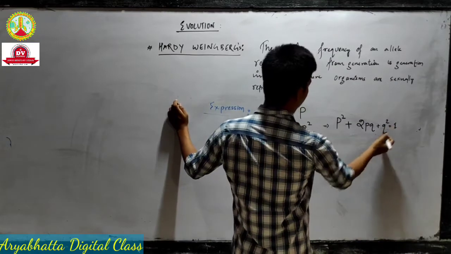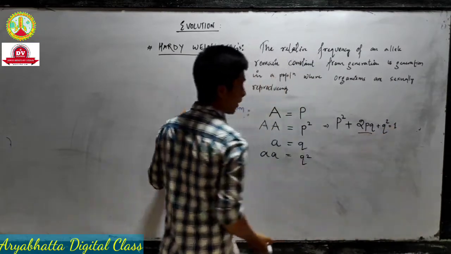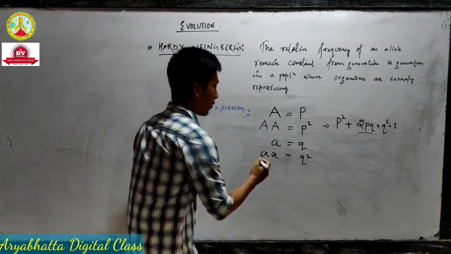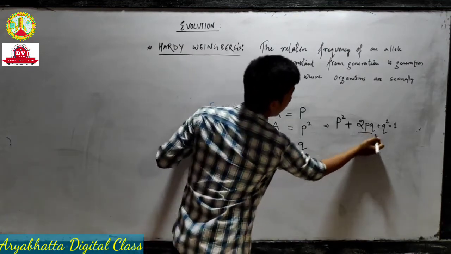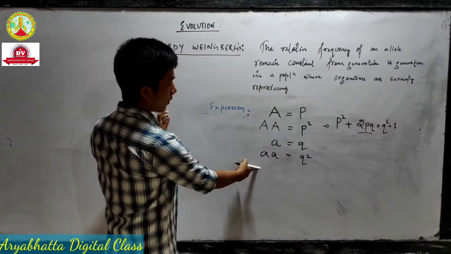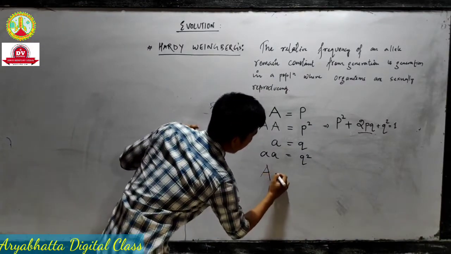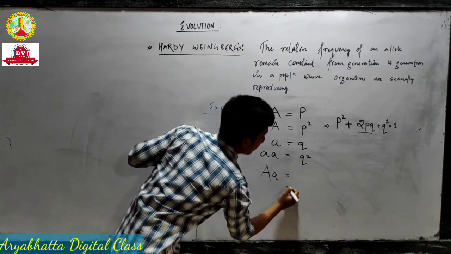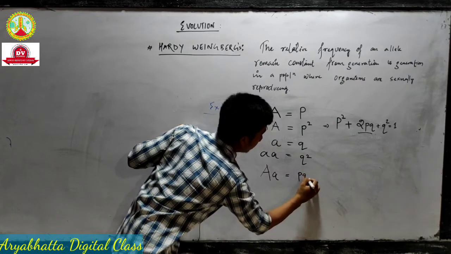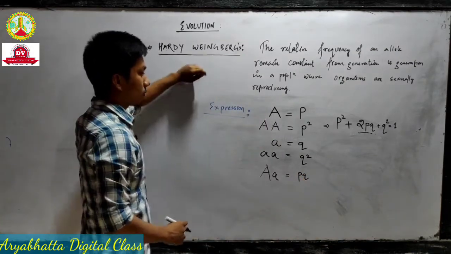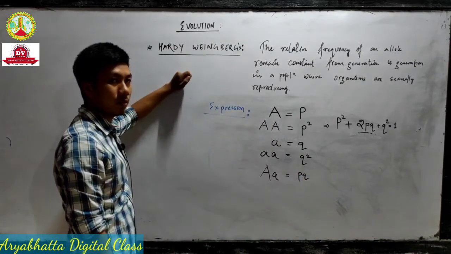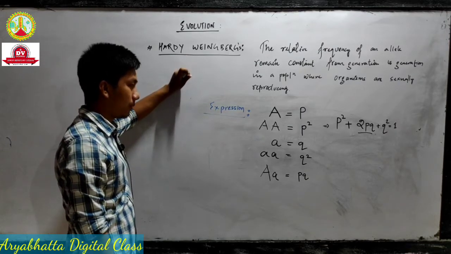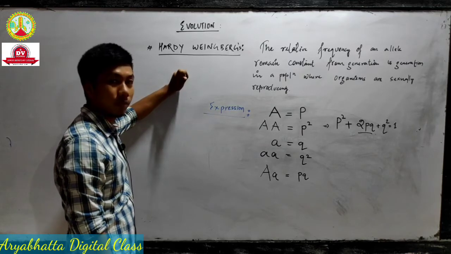I forgot to mention, if it is heterozygous, capital A, small a, it is written as PQ. Heterozygous is PQ.